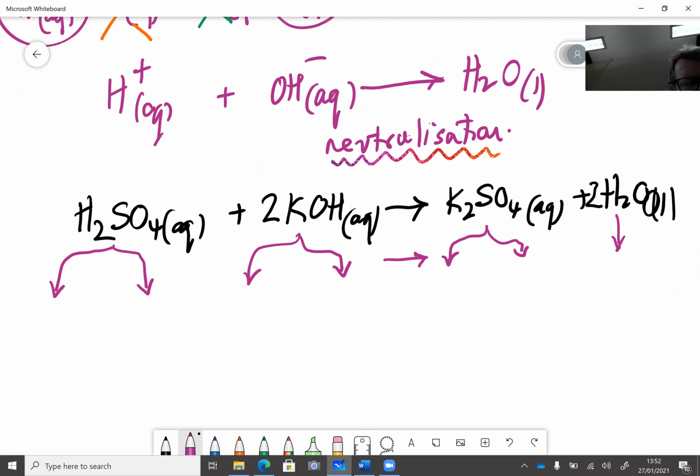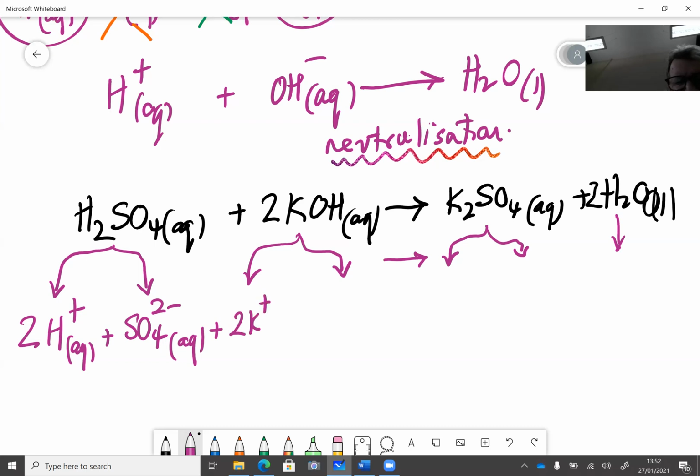H2SO4 splits up into H plus, but there are 2 of them, 2H plus AQ, plus SO4, you probably know this, SO4 is 2 minus. And the 2 KOHs split into 2 K pluses and 2 OH minuses, both AQ.